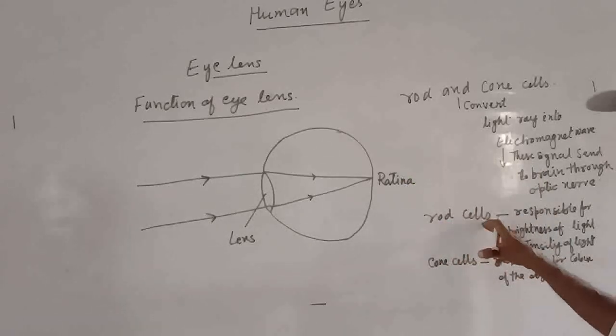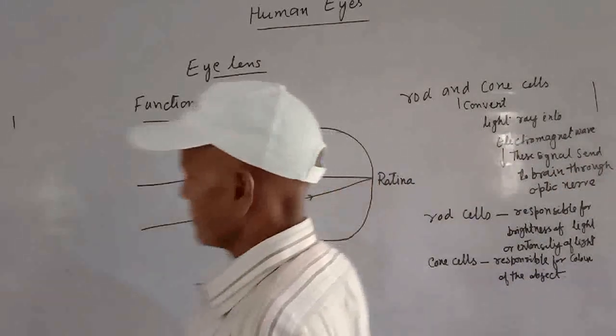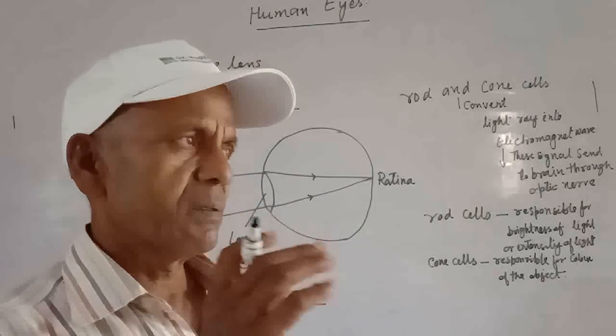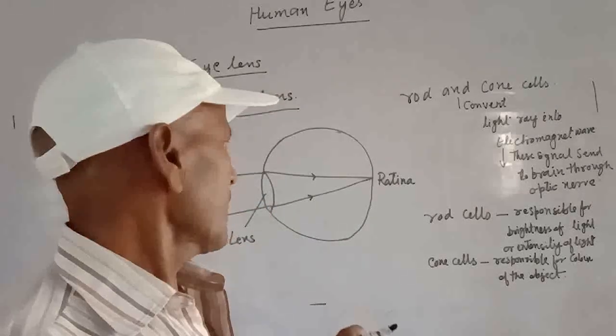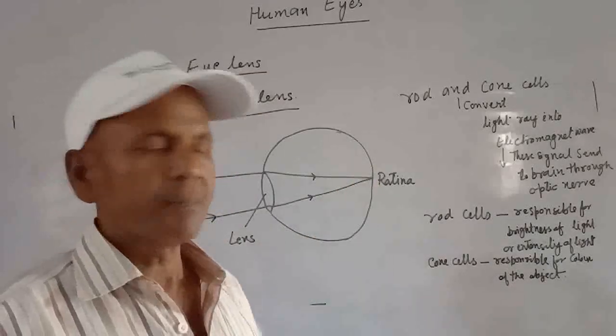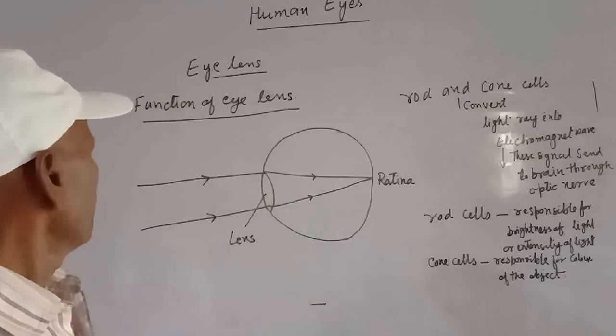Rod cells give the brightness of the image, and thus we can see a clear and bright image of the object on the retina. This is the function of the eye lens.